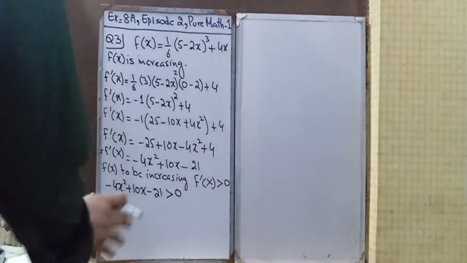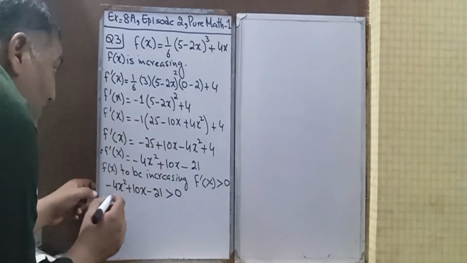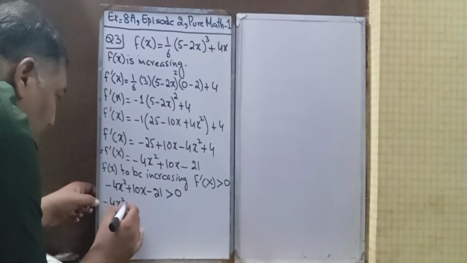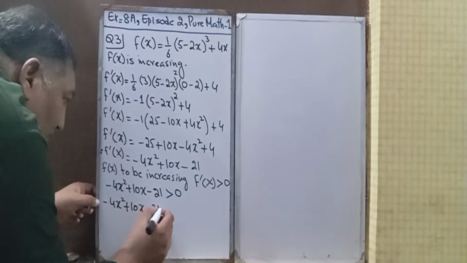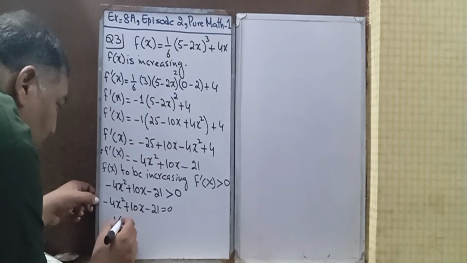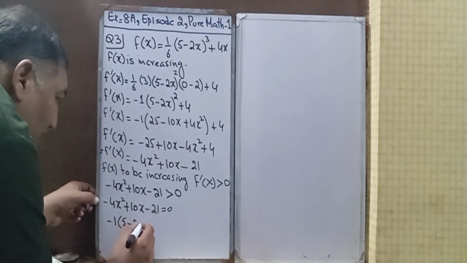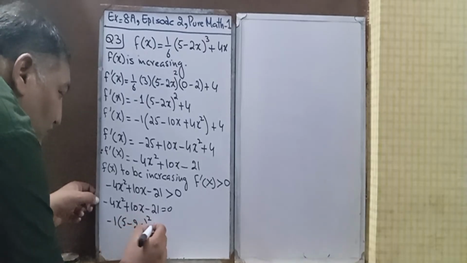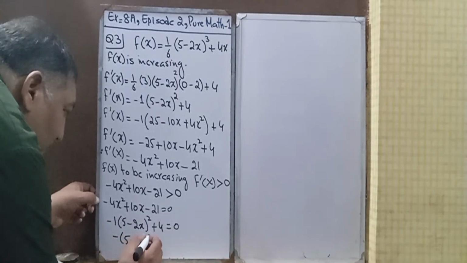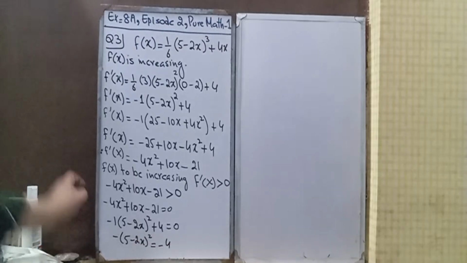Let me say it is equal to 0. This can be written like this: minus 1 into (5 minus 2x) whole square plus 4 equal to 0. So this is minus (5 minus 2x) whole square equals minus 4, and the minus cancelled. So you will have (5 minus 2x) whole square is equal to positive 4.